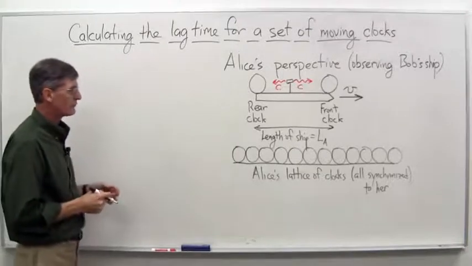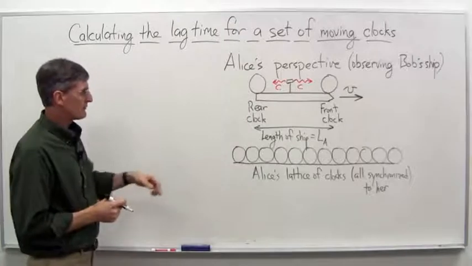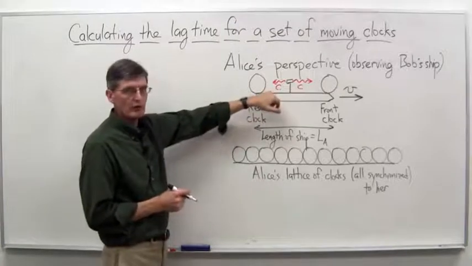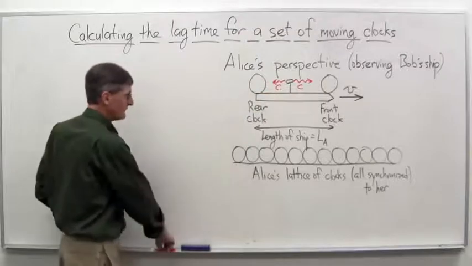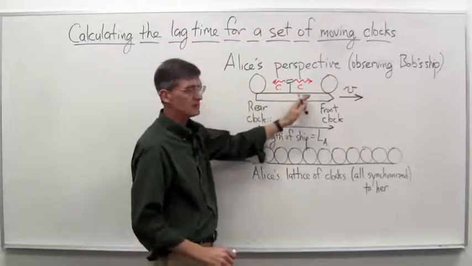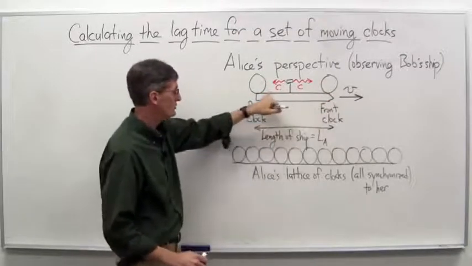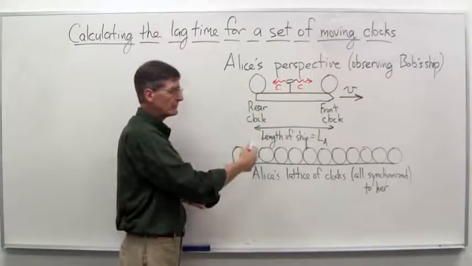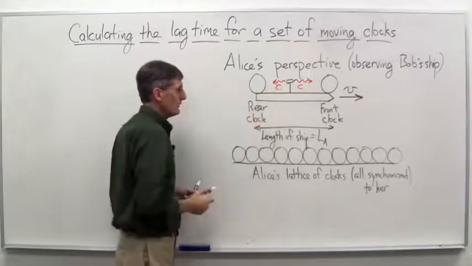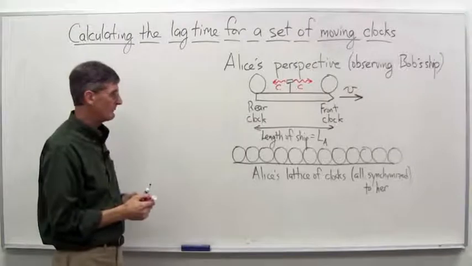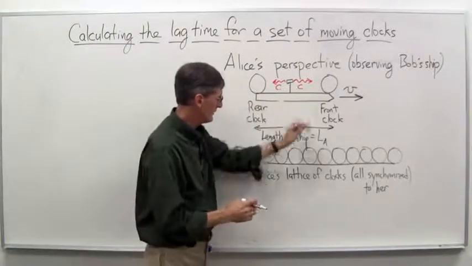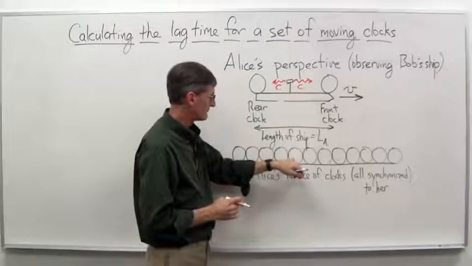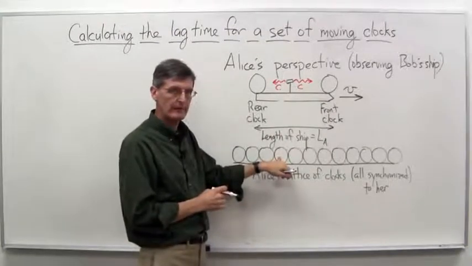So from Alice's perspective, let's look at the rearward going light beam first. Okay? And let's imagine that the ship is traveling along here a little bit, and she sees then a little bit later in time the leftward going, the rearward going light beam hit the clock. And let's say it occurs, let's do it on this one right here. Okay?